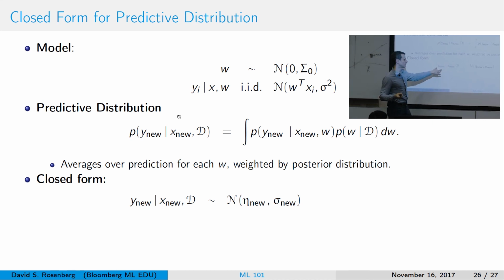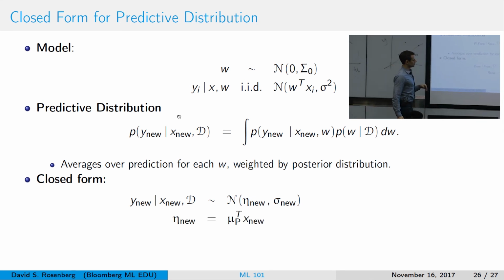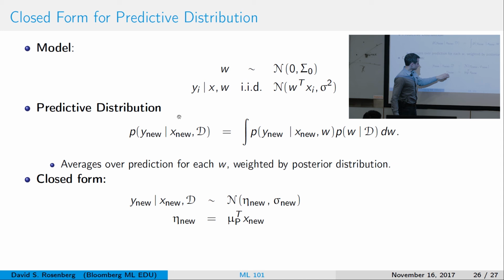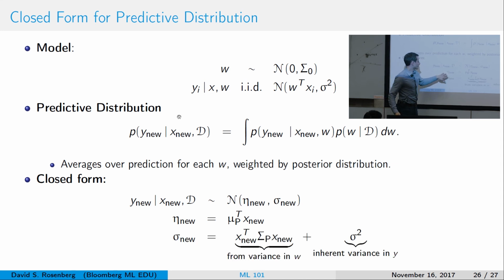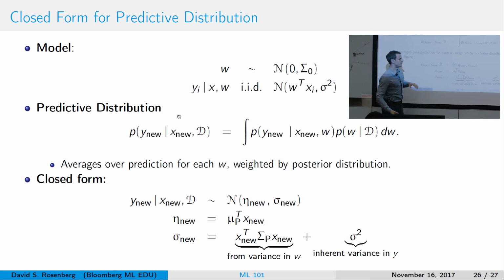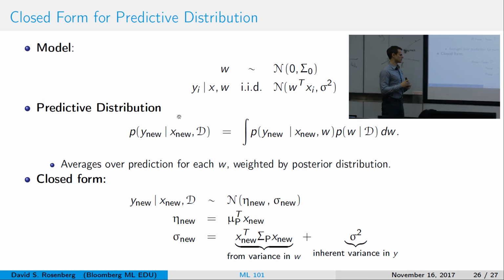We want a distribution on reals, so sigma nu is a number. So what's going on here? The mean of the predicted distribution is the mean of the posterior distribution for the parameter, and we apply that to the input.